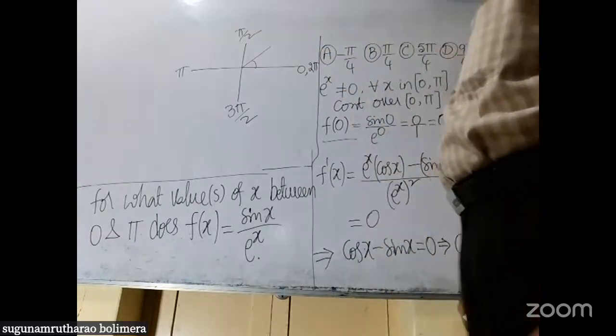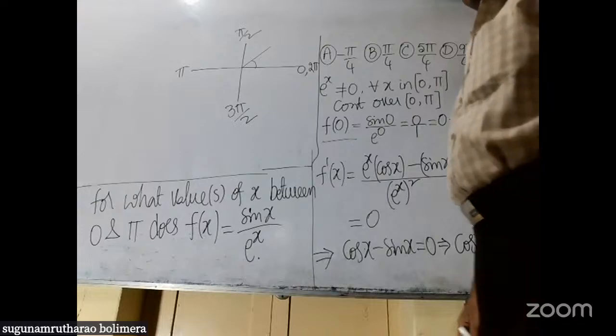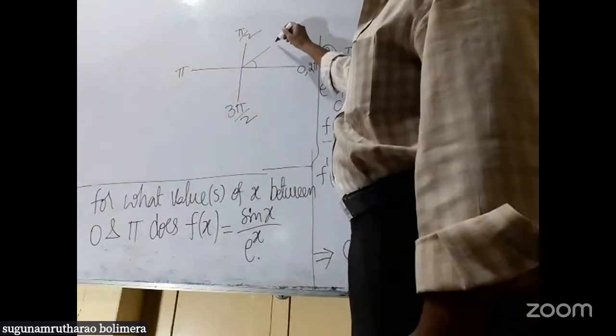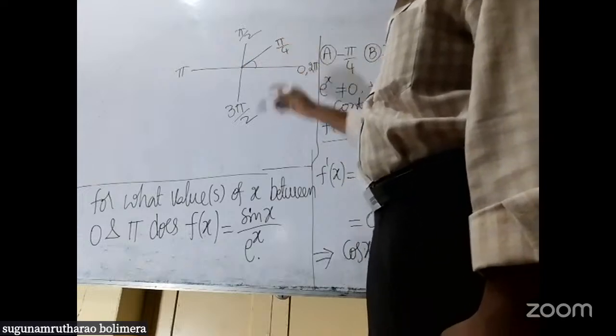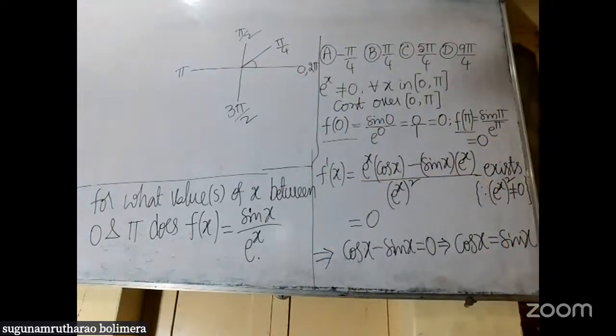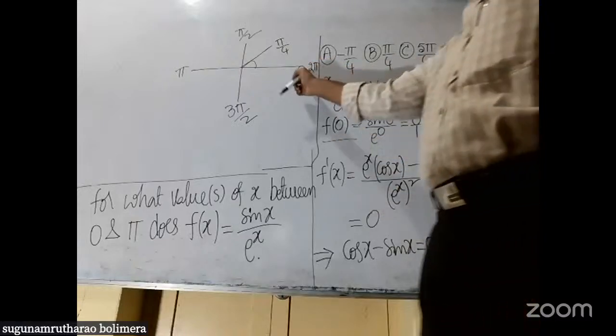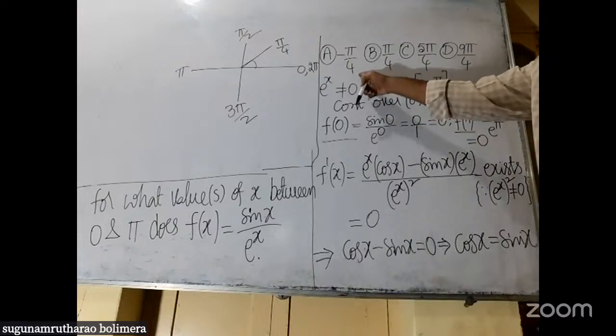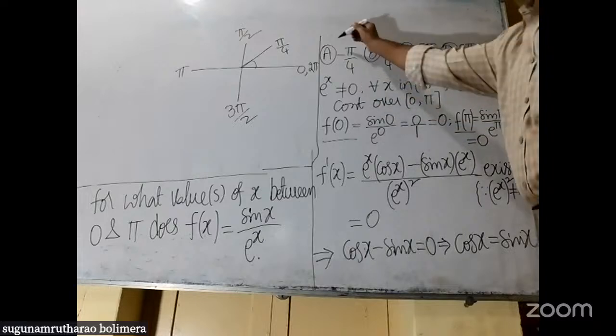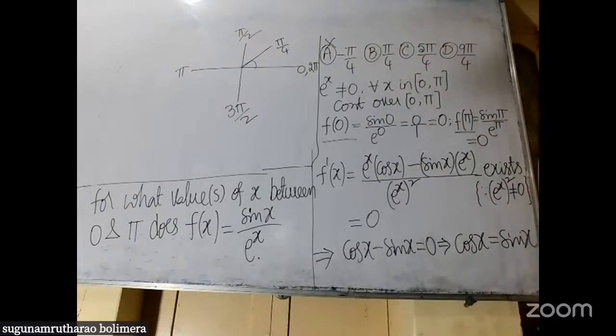So here we are getting pi by 2. Now what you can say? pi by 4 is lying in between 0 and pi. You can take pi by 4. And minus pi by 4 is not lying in between them. So option A is not correct.